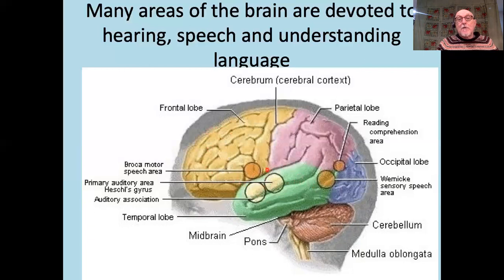So they are also communicating with the limbic system and then with the frontal lobes as well. Hearing, speech and reading are intimately connected with one another, and they are extremely complex actions.